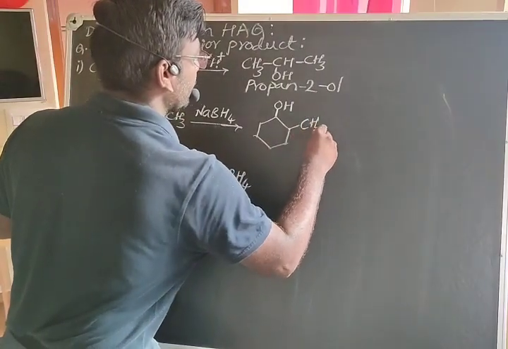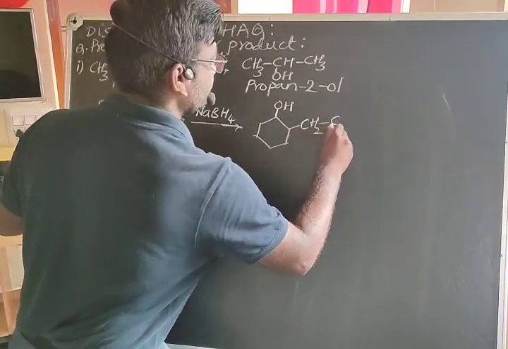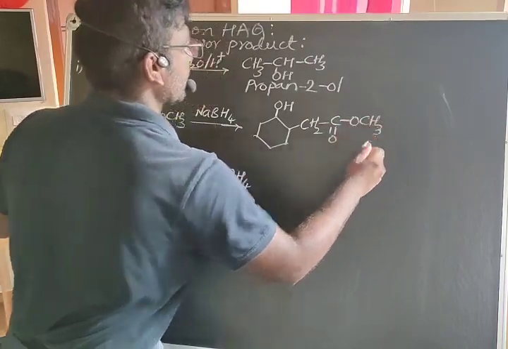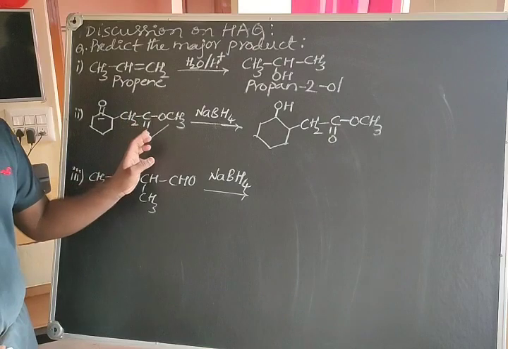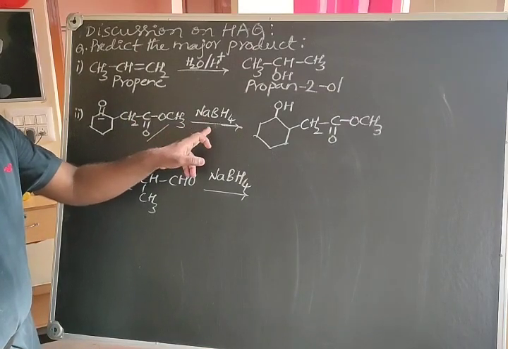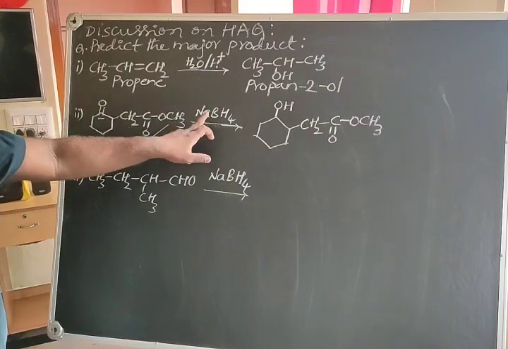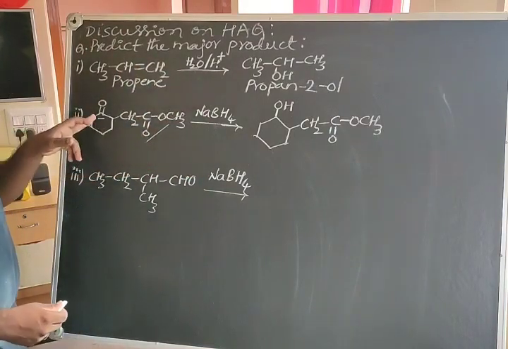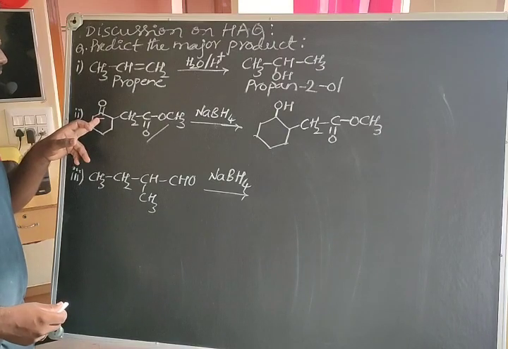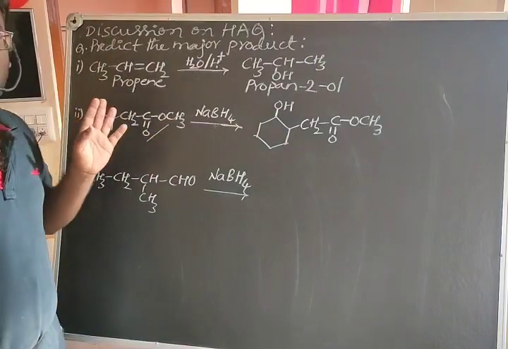So the product is this. This ester group is not affected by the presence of sodium borohydride. Sodium borohydride attacks the carbonyl, either aldehyde or ketone, and converts it to the alcohol group.